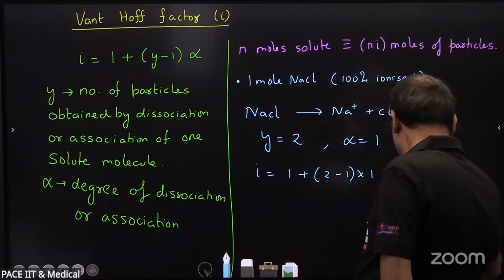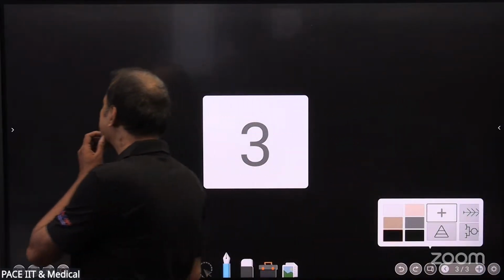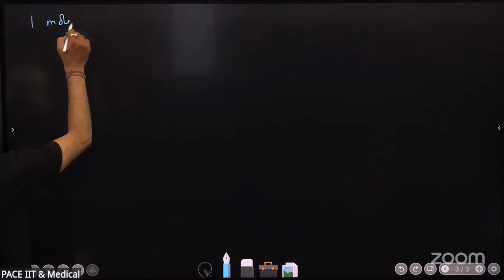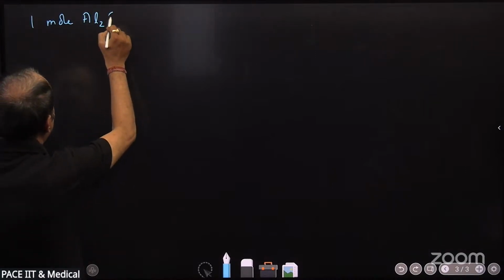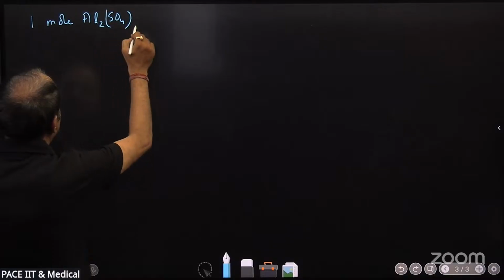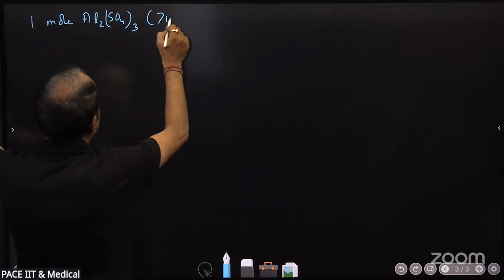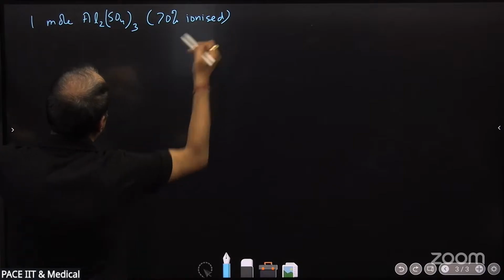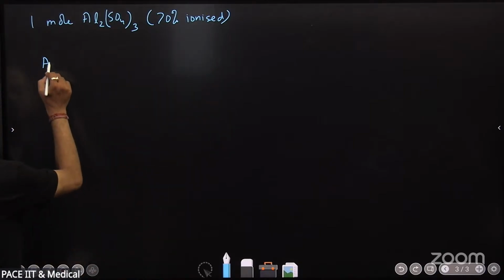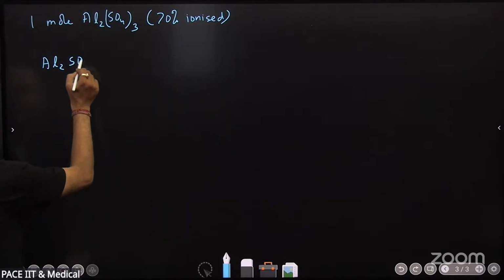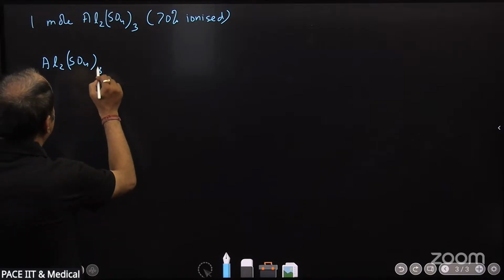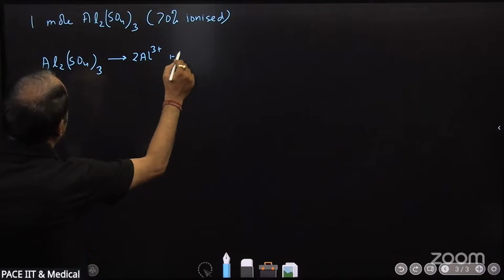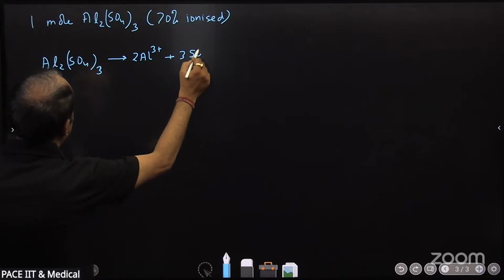Another such example we can take, let's say, 1 mole Al2(SO4)3, which is 70% ionized. So now, Al2(SO4)3 will dissociate as 2Al3+ plus 3 sulfate.